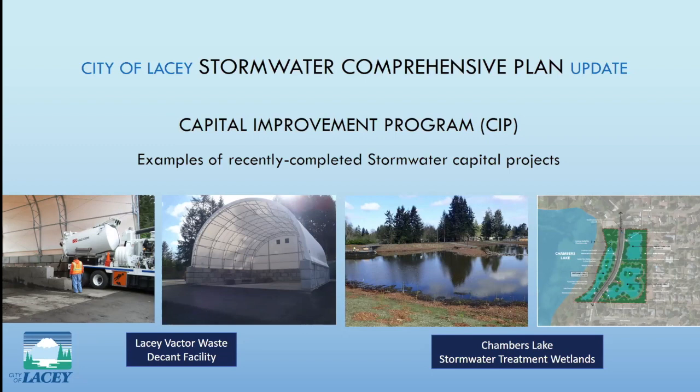There's a sump that collects sediment, and then it connects to a pipe for the water to flow off. So you have to suck that sediment out of the catch basins. So that's what the Vector does. The decant is, we needed a place to efficiently dump it and get rid of the water before we can process it and dispose of it.